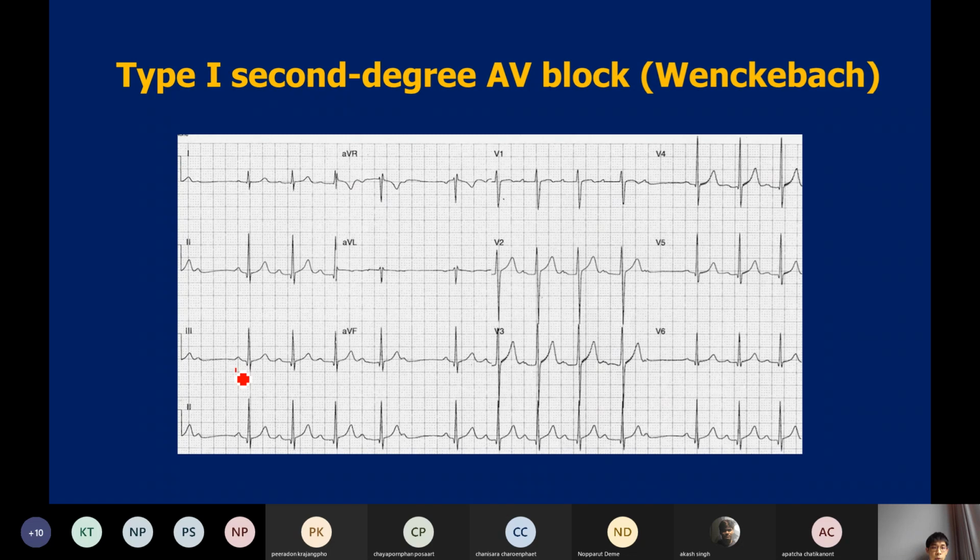You can see that there's P wave and QRS here, but there is some part that cannot conduct the impulse from the atrium to ventricle here. There's P wave, but there is a drop of QRS. So you know that there is impulse generated from the SA node and atrium, but it cannot reach the ventricle because the QRS disappeared. This is the second degree AV block type 1.